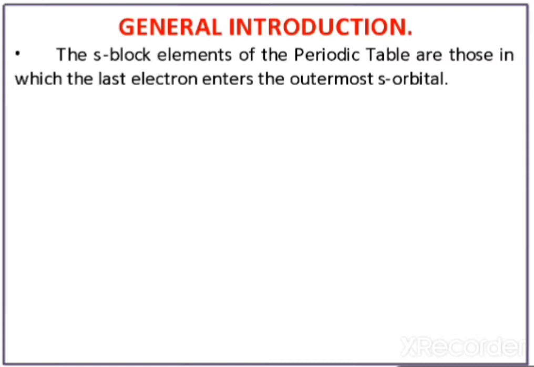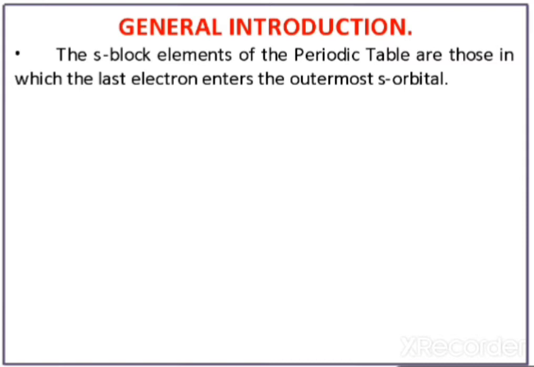So what are s-block elements? Simple: s-block element, p-block element, d-block element, and f-block element. The simple definition is, if the last electron enters in s orbital, these are s-block elements. If the electron enters in d orbital, these are d-block elements. If it enters in p orbital, it's a p-block element.